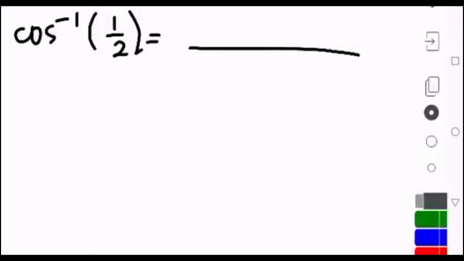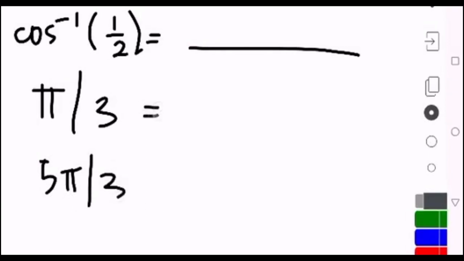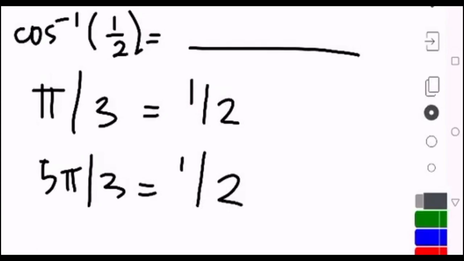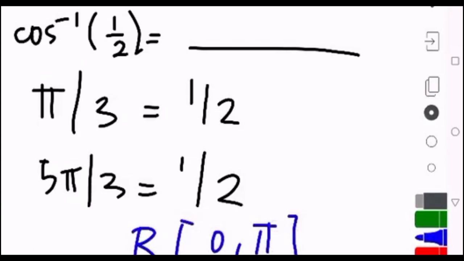So now, let us proceed to arccos x function. Sa unang example, we have to find the arccos of 1/2. In this case, both pi over 3 and 5 pi over 3 are both equal to cosine 1/2. In arccos function, the range is 0 and pi, or the arccos function only exists in quadrant 1 and quadrant 2.